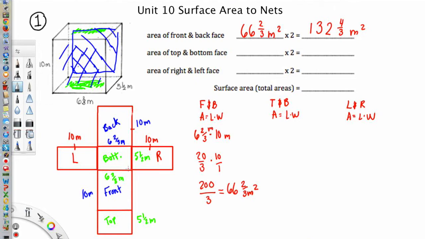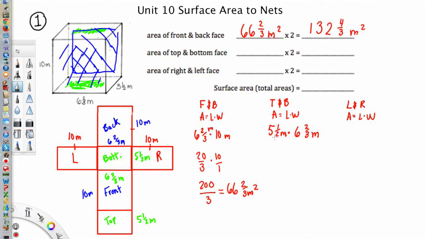Okay, our top and bottom have a length of 5.5 meters. Okay, that's the length, and the width is 6 2/3 meters. Let's change both of these to improper fractions.